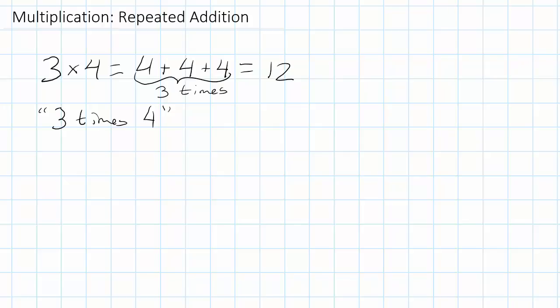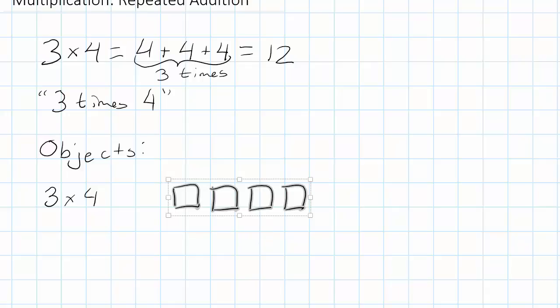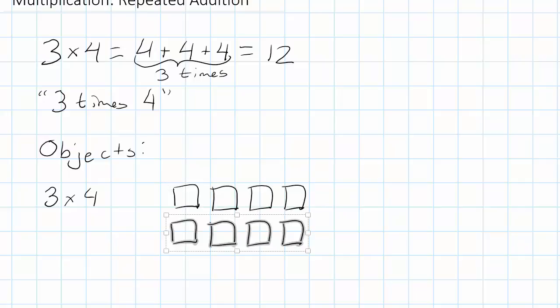But we're building an understanding of multiplication here that's going to help us to move forward to work with more complicated numbers. We can think of this in terms of our object model. We want to take 3 times 4. We can take 4 objects, and we can make 3 copies of that. 1, 2, 3.